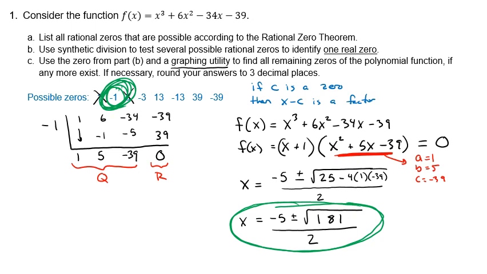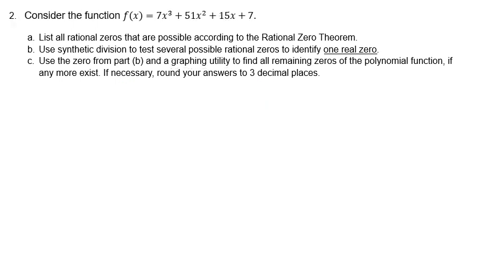All right, let's do one more of these. Same question, different function. Consider the function. In this case, we've got f of x equals 7x to the third plus 51x to the second plus 15x plus 7. And we're going to do the same thing.